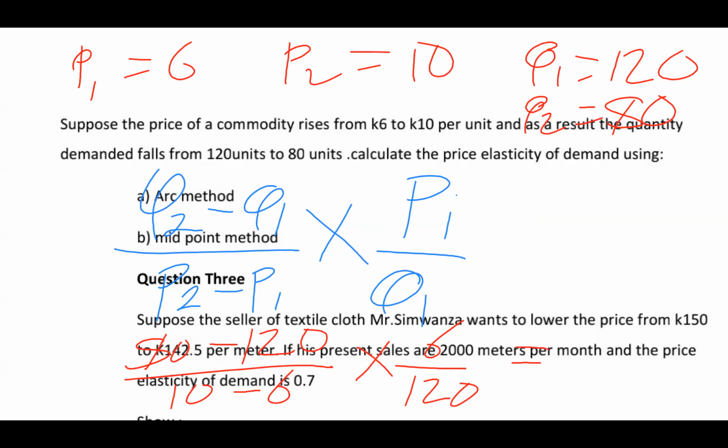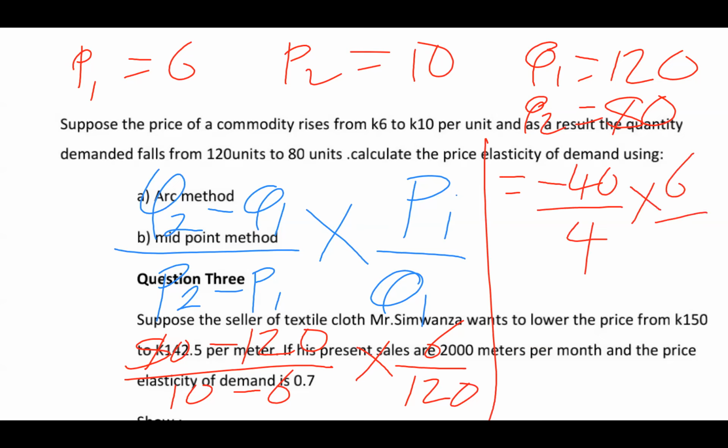We can proceed. What do you have? We have negative 40 over 4 times 6 over 120.